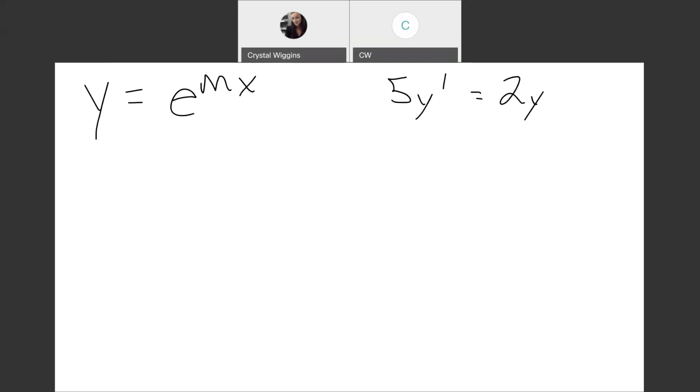So now we need to figure out what values of m will work. It might be one value, it might be multiple values, it really depends. So we'll just have to solve it to find out.